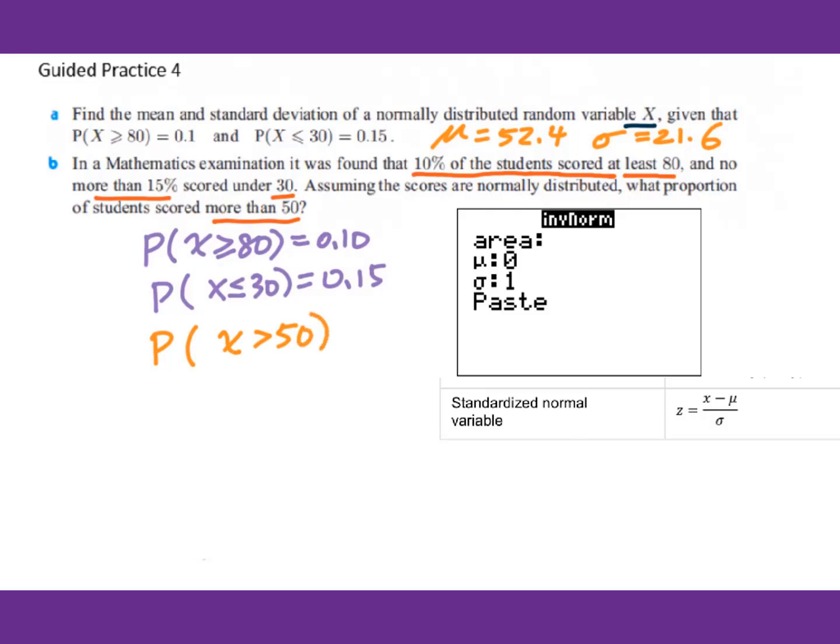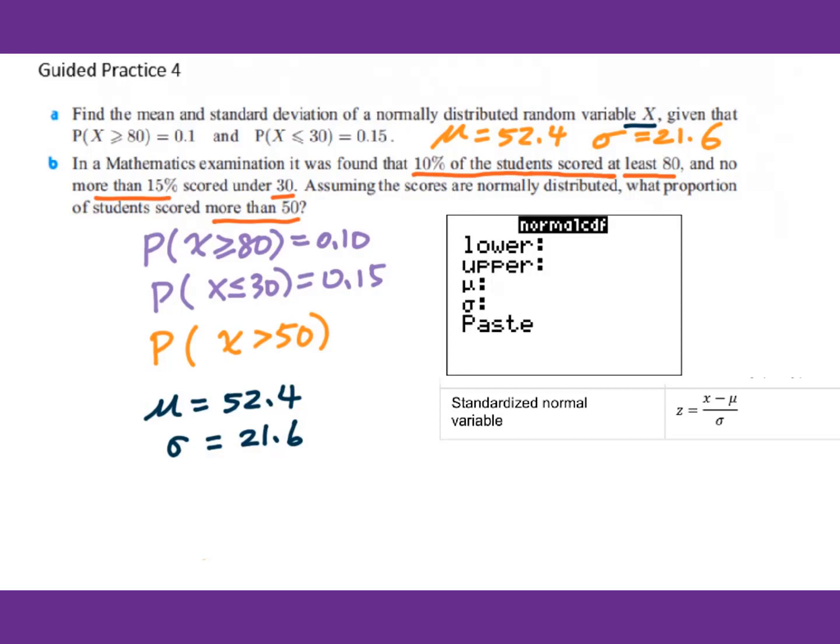Then we're looking for probability x greater than 50. From A, we already got mu equals 52.4 and standard deviation equals 21.6. We use norm CDF this time. Lower will be 50 and upper will be 1E99.